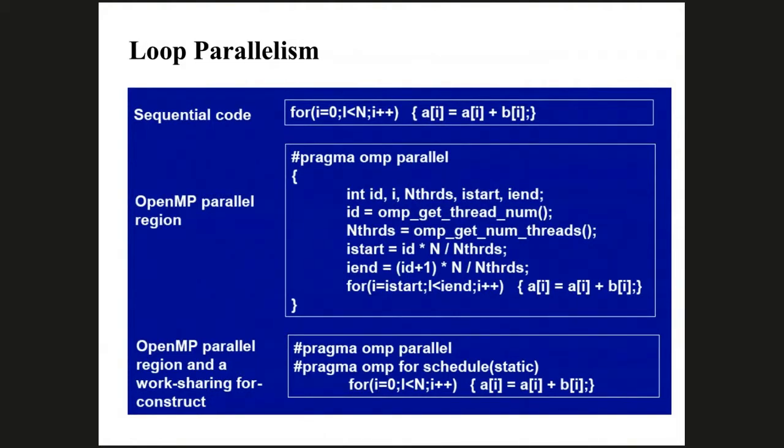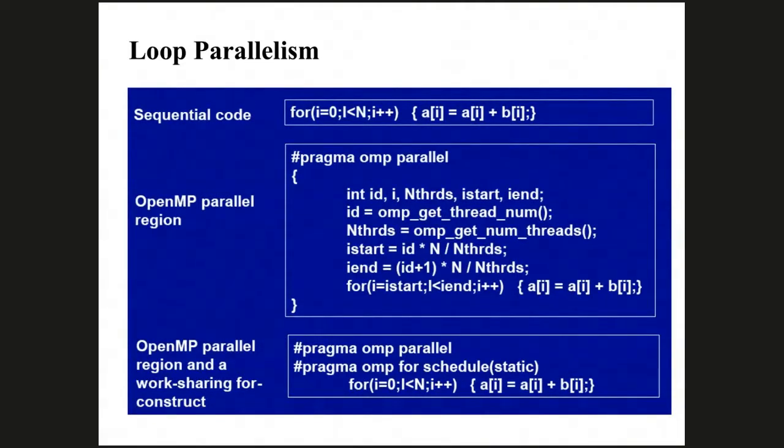And we can manually distribute or divide the loop to different threads. Certainly, that's not the best way to go. So then the worksharing constructs like for and parallel for will do the work automatically for you.